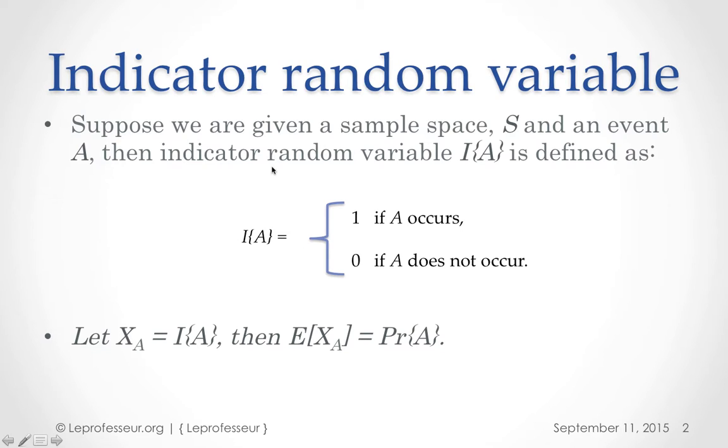An event simply means, let's say you toss a coin, there are two events possible, head or tail. If the event is that you want to get the head, what is going to be the indicator random variable for that event? Let's say the indicator random variable, you get head on a flip of a coin.